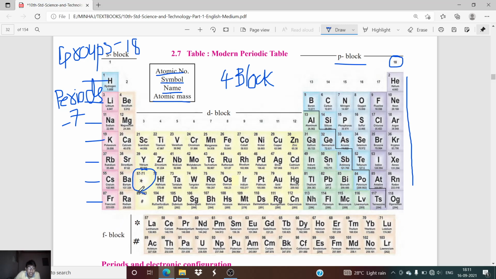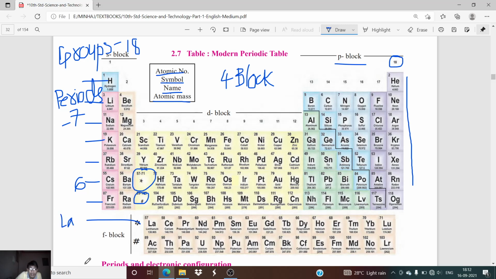Then from 89 to 103, again these are elements from the 7th period and 3rd group. Elements 57 to 71 are placed in the 6th period and 3rd group, which is called the lanthanide series. So these 14 elements are from the lanthanide series.